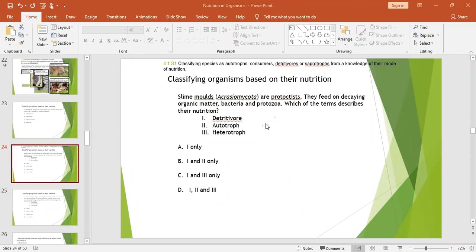The alternatives are: A, 1 only, that means it is a detritivore. Alternative B is 1 and 2 only, meaning that it is an autotroph or a detritivore. C is 1 and 3 only, meaning that somebody is saying it is a detritivore and then a heterotroph. Then D, somebody is saying is 1, 2, and 3.